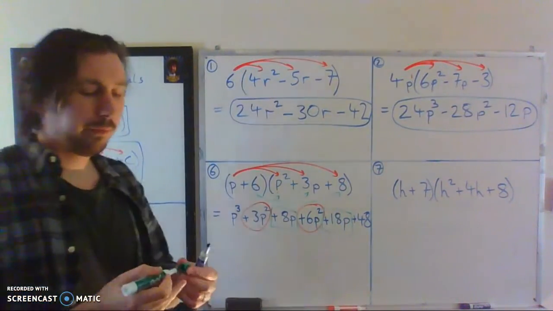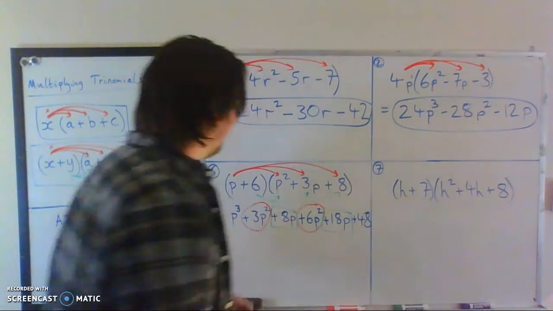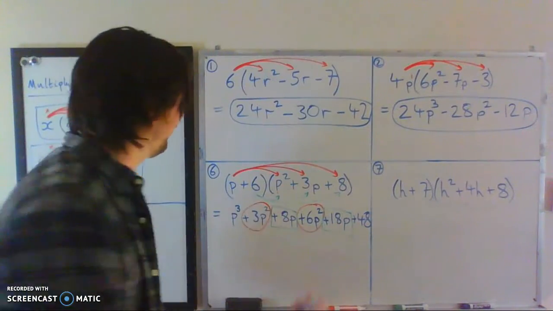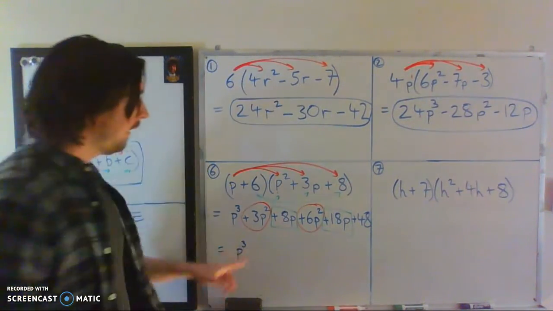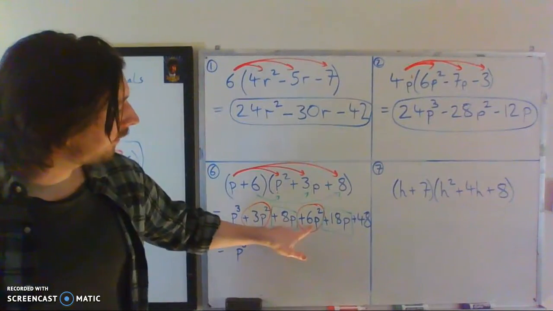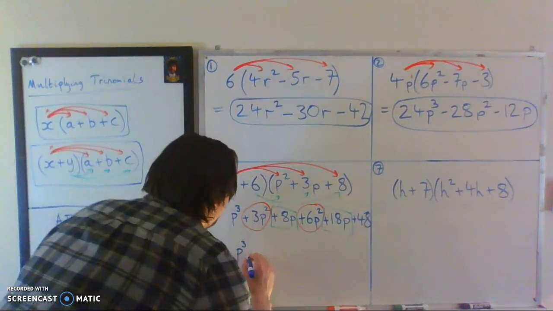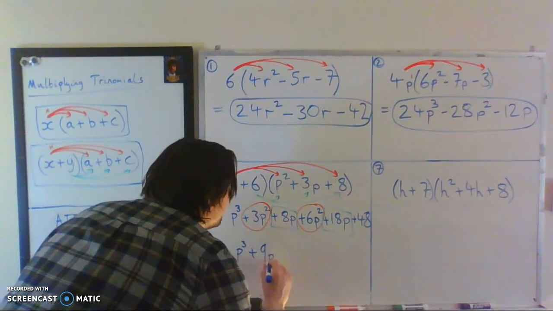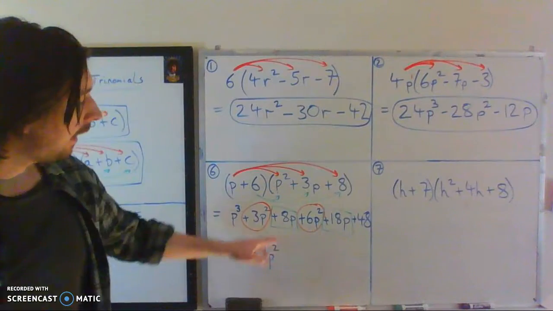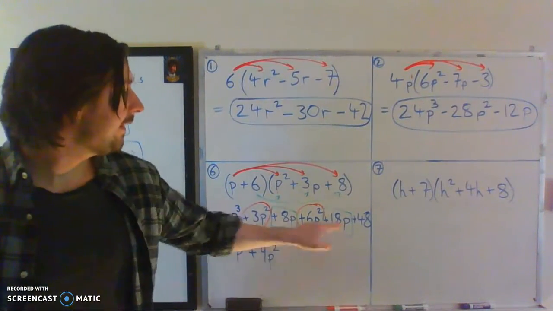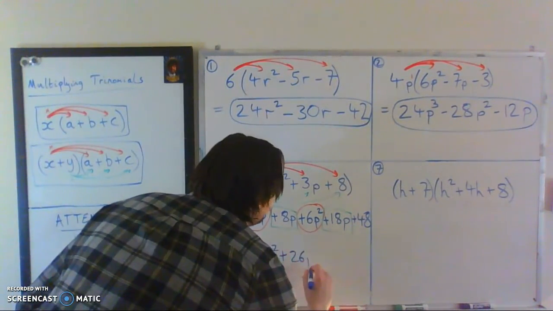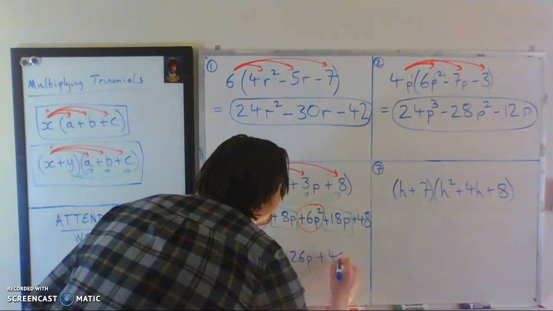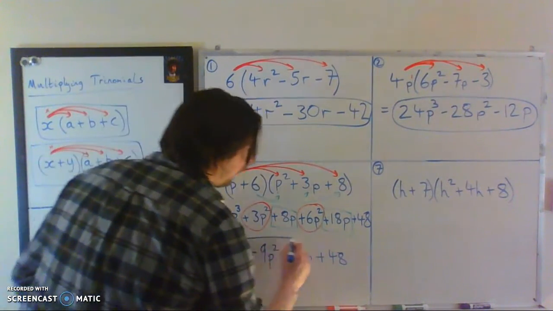I can put both of those together. And then these two have nothing that go with them. My final answer then, p3, and then 3p squared plus 6p squared is 9p squared. 8p plus 18p is 26p. And I got my 48 on the end.